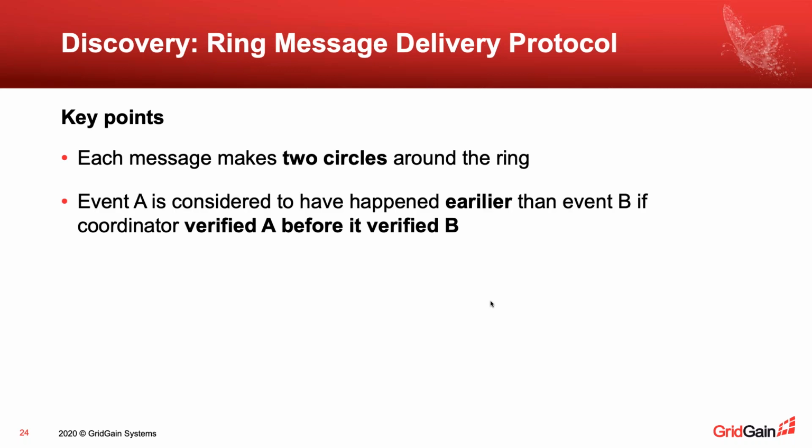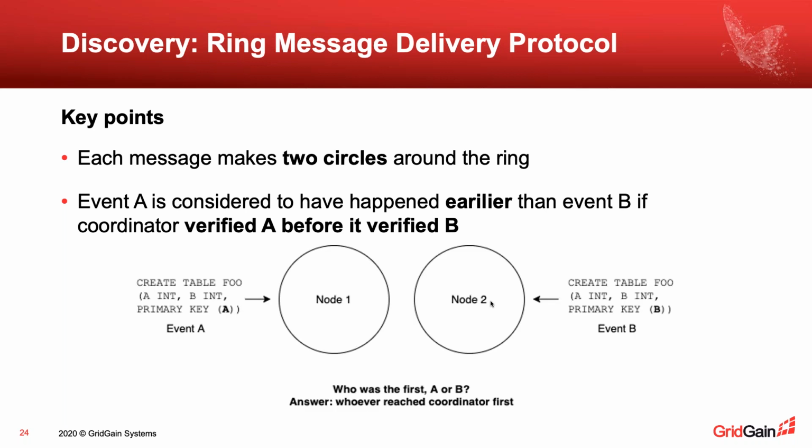Second, event A is considered to be earlier than event B if it is verified on the coordinator before event B. And this is how we answer our earlier question: how do we decide which event has happened earlier, event A or event B? Well, whoever reached the coordinator first wins.